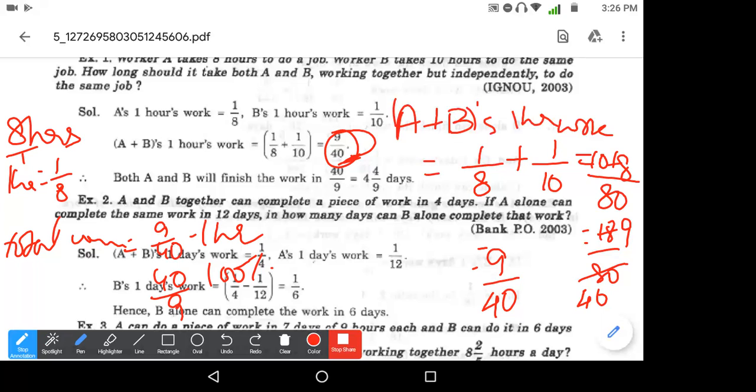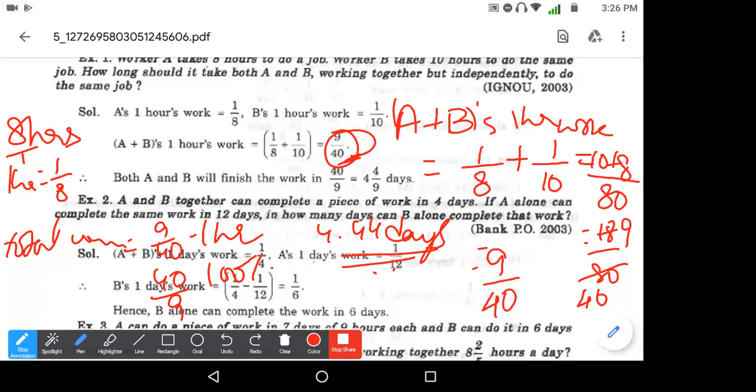Now this 40 by 9, if you divide 40 by 9, you get 4.44 days. Okay, so A and B together will finish the job in 4.44 days. I hope that is clear.